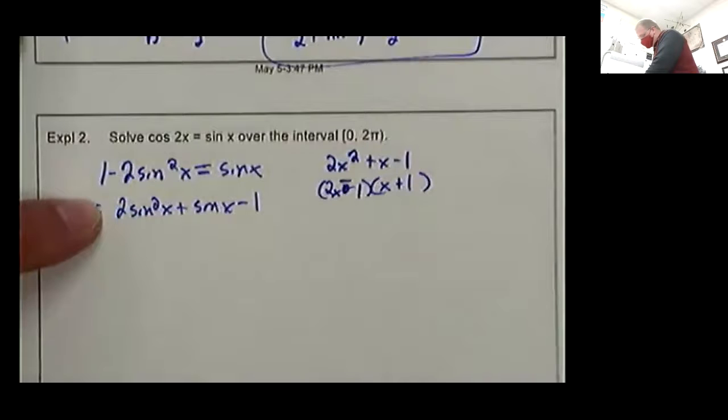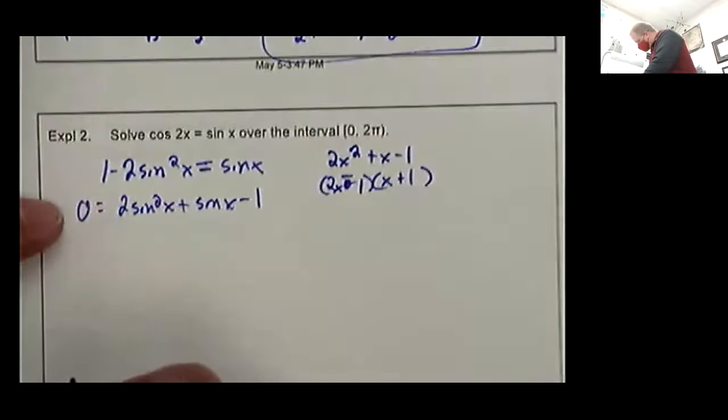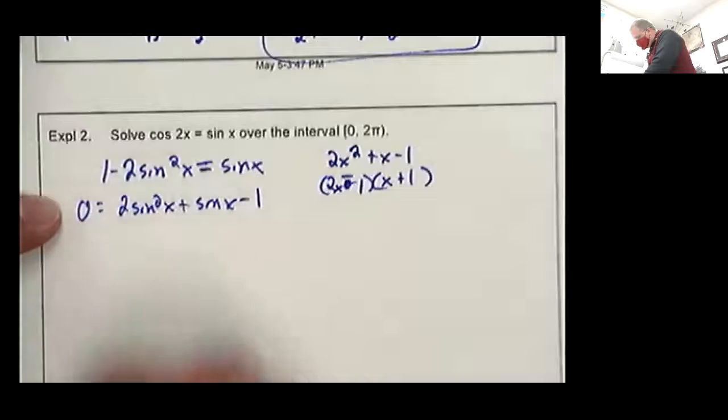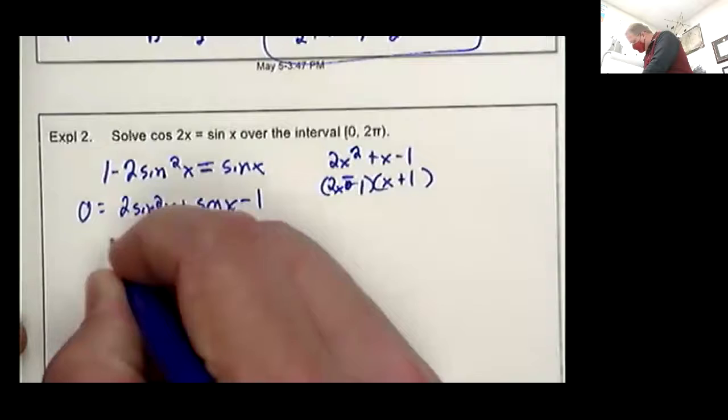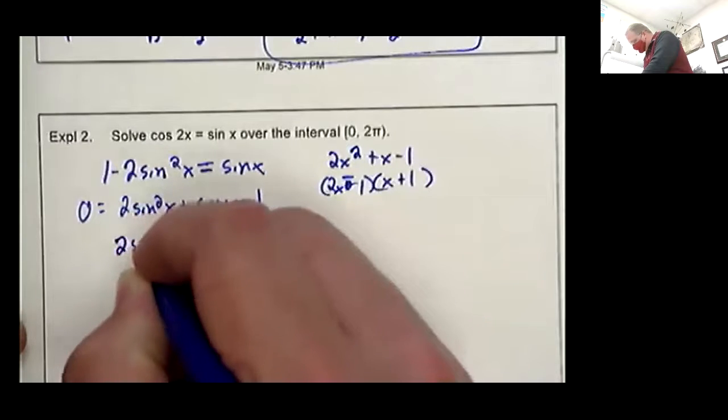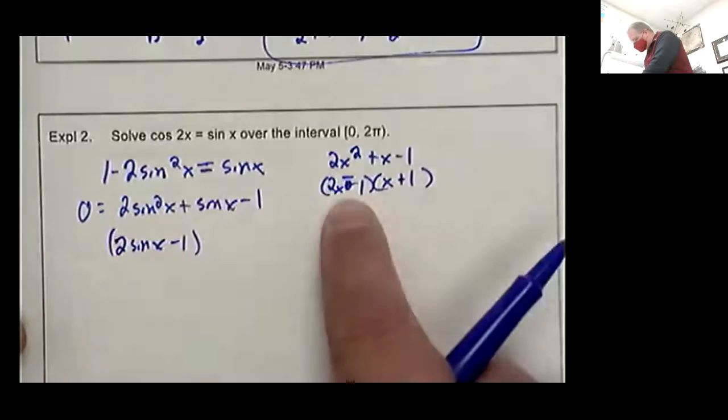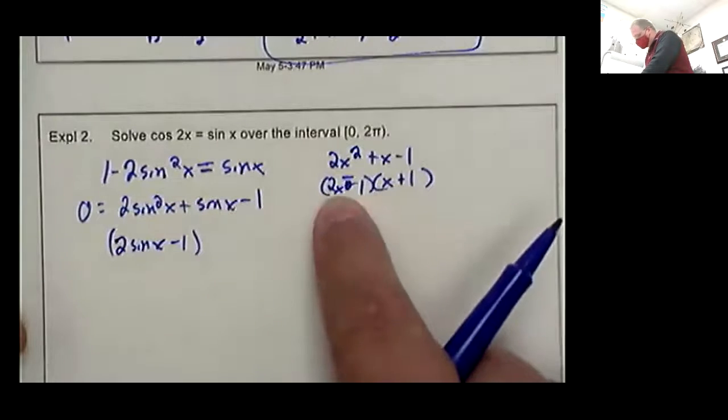So we're going to do this a couple different ways. So when we go back and factor this, using this as my model, we get 2 sine of x minus 1, replacing the x with sine of x, and then sine of x plus 1.